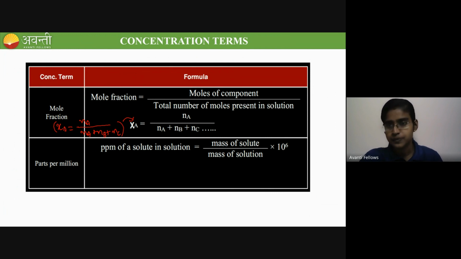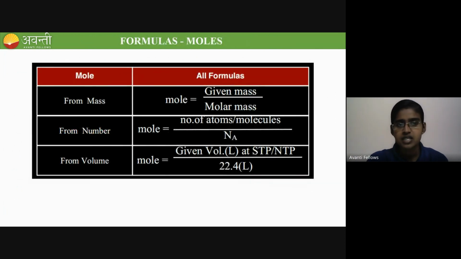Okay, and I will give you some 3 formulas to find out the number of moles from the given system. If mass is given to you in the question, then to find out the number of moles, you have to use the given mass by molar mass formula. Very important.